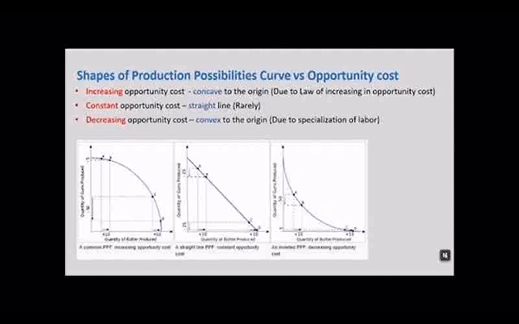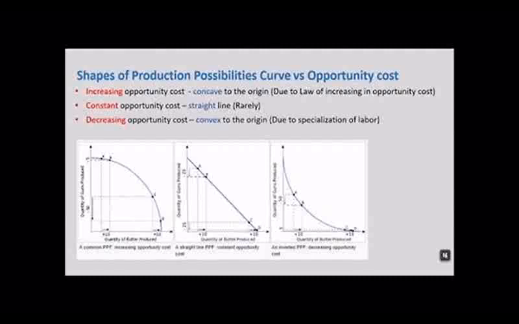So when we put resources from one production to another production, marginal opportunity cost increases. So it depends on the opportunity cost. When marginal opportunity cost increases, the shape of PPC is concave to the origin.